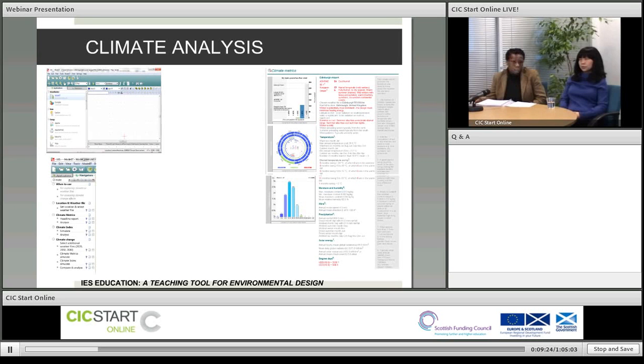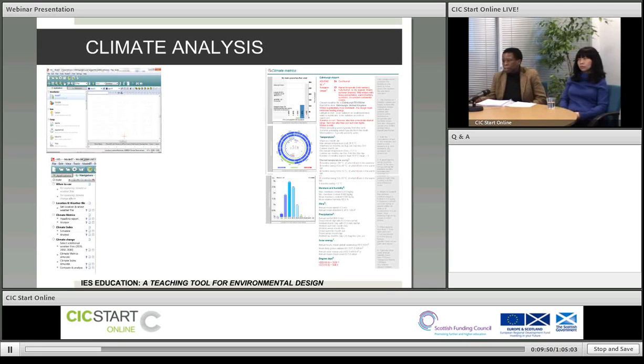What we decided for the final program was that we would actually give very specific places, because there's an issue about whether it's the actual climate for the area. It's not quite the same as taking down your BBC weather data for Edinburgh, but it's close. So you're able to get into those climate files, load the climate files, and then you can do what's called a climate matrix analysis.